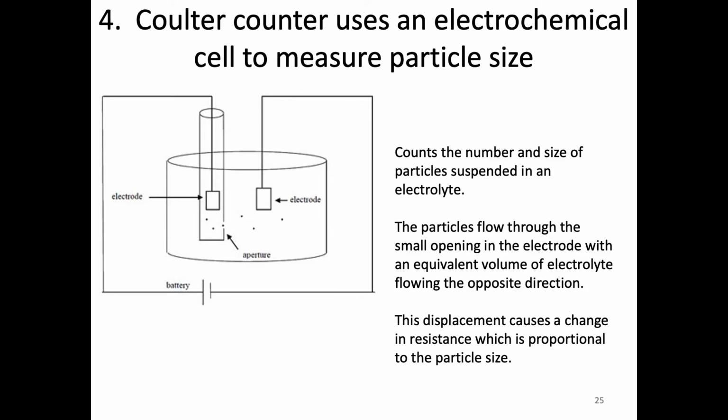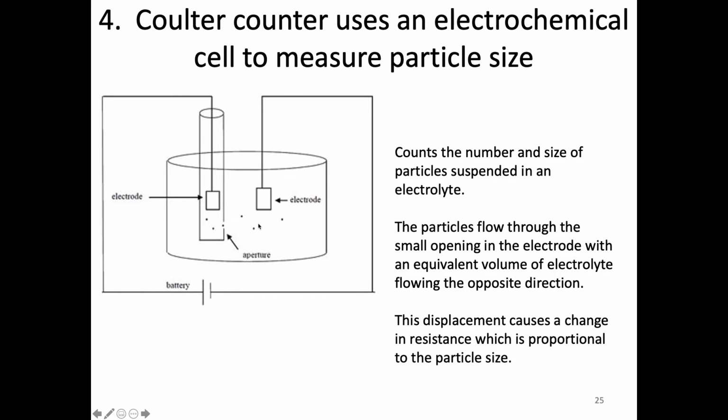So an equivalent volume of electrolyte flows in the opposite direction, and that difference in electrolyte is what we measure. We're basically measuring a change in resistance because there's a change in the electrolyte composition between this small area and this area out here.